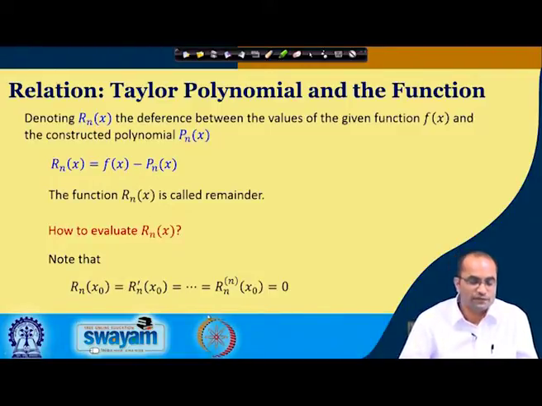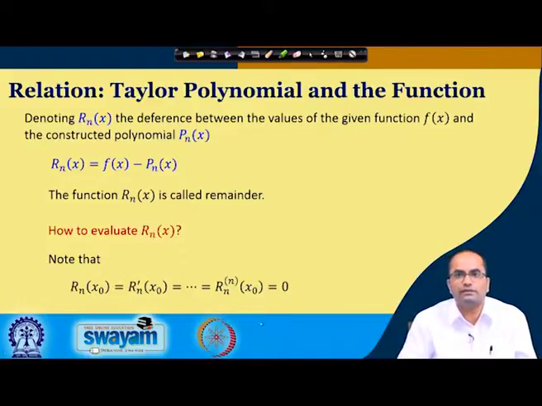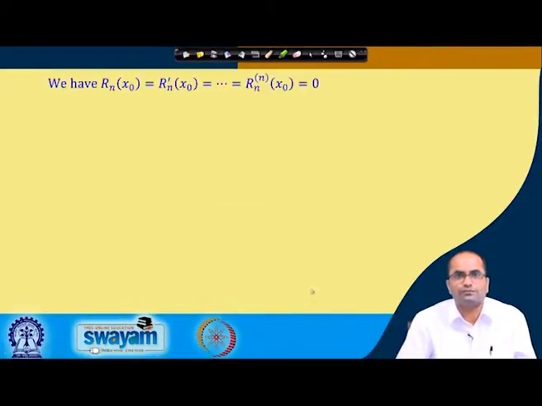This was the construction of this polynomial. So, all these derivatives up to the nth order are equal. Therefore, R n at point x 0, its first derivative at x 0, up to the nth derivative at x 0, all are equal to 0. So, we have these conditions for R n.